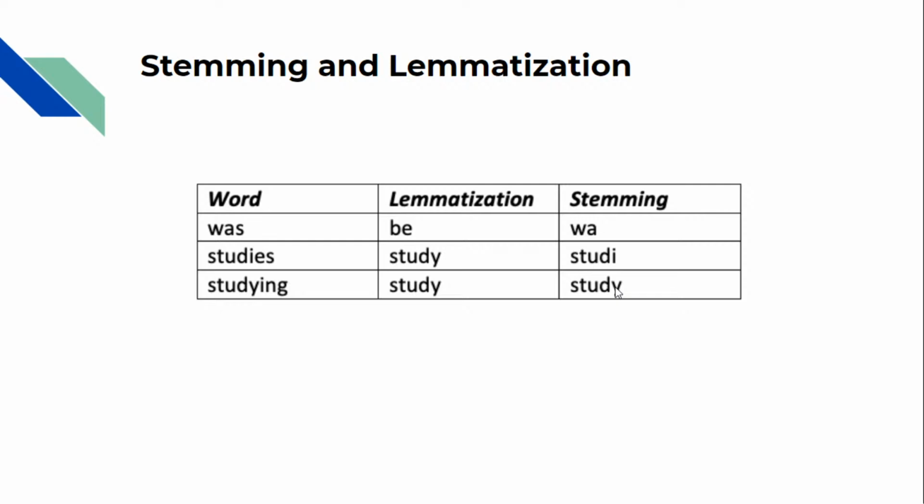This is the difference between lemmatization and stemming. Lemmatization transforms words into their base form, so we keep the contextual meaning. But stemming simply cuts off endings like es, ing, and so on, so you get STUDI after doing the stemming.